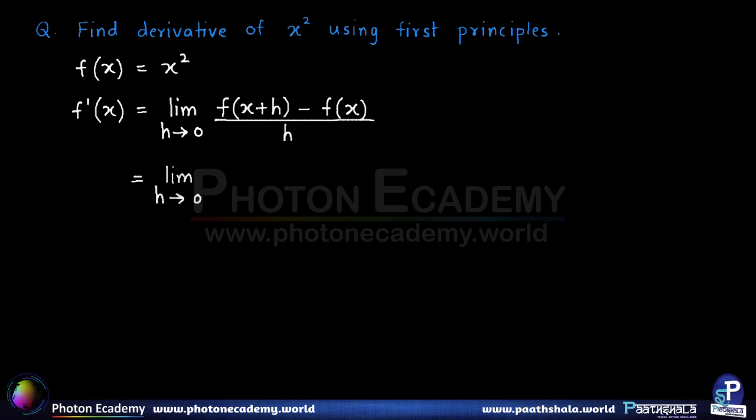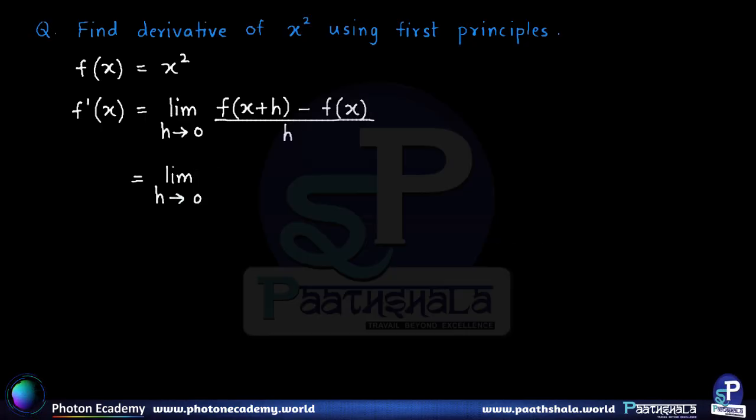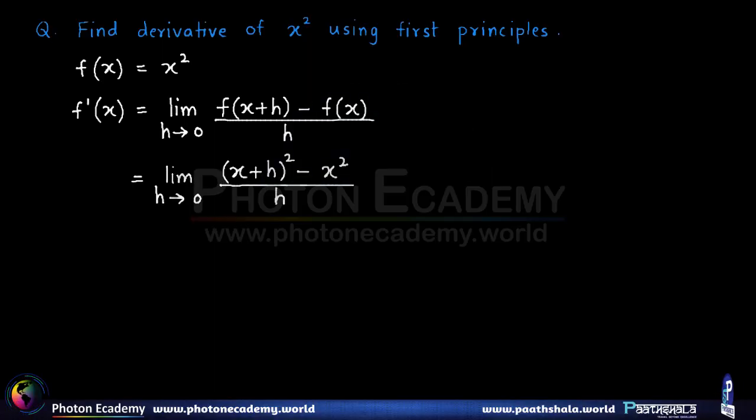Now to write f of x plus h, if we see the definition of the function, f of something is equal to something squared, isn't it? That's the function. So f of x plus h will be simply x plus h the whole square, minus f of x, which is x square, whole divided by h.